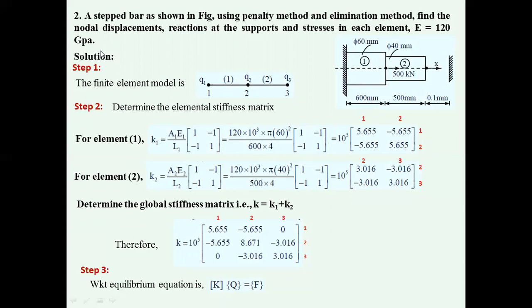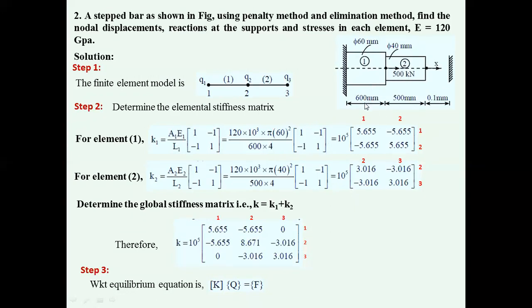Here the problem is a stepped bar, so the material remains the same. Here this is one stepped bar and this is another. He has taken this as element 1, and this is element 2. The diameter of this is 60 mm, and the diameter of this is 40 mm. Load is applied at the center, which is 500 kilonewton.